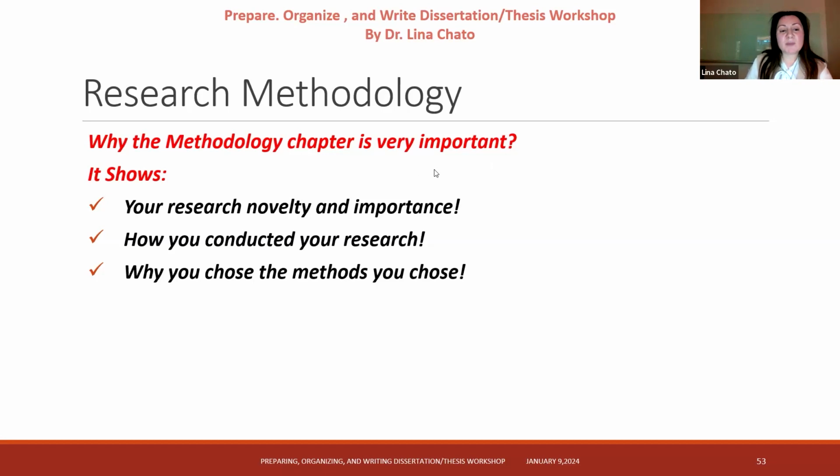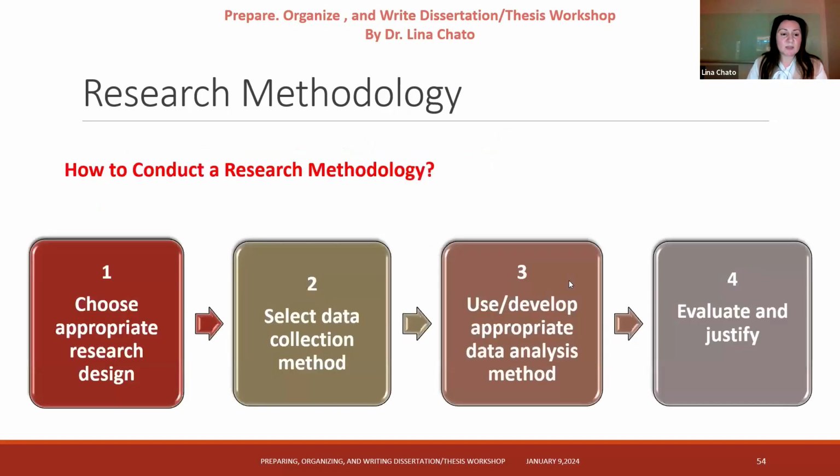Because in this chapter, you will show your research novelty and importance. You show how you conduct your research and also why you choose these methods that you specified or developed. This is why it is very important. So how do you conduct a research methodology? First, you should start by choosing an appropriate research design, then select a data collection method.